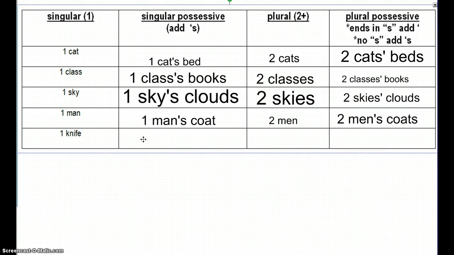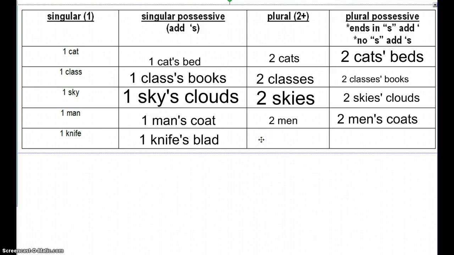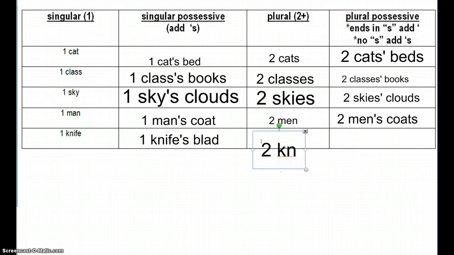And then the last one, knife. One knife. And I want to talk about one knife's blade. The rule is add an apostrophe s, no matter what, if it's singular. The plural form of knife has a little irregular spelling change. We don't say knifes, we'd say knives.